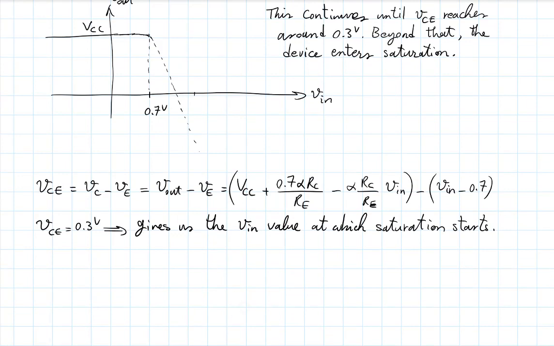That will be somewhere, let's say here. So this curve continues like this. Let's call this Vin of saturation.